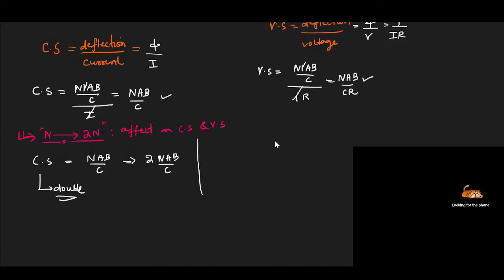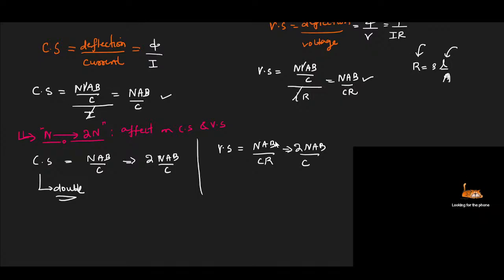Now if we talk about VS, voltage sensitivity, it is NAB by CR. N is 2N now. AB by C. What about the R? I guess R equals rho L by A. If we increase the number of turns, it increases the L. And if we increase the L, R will increase.